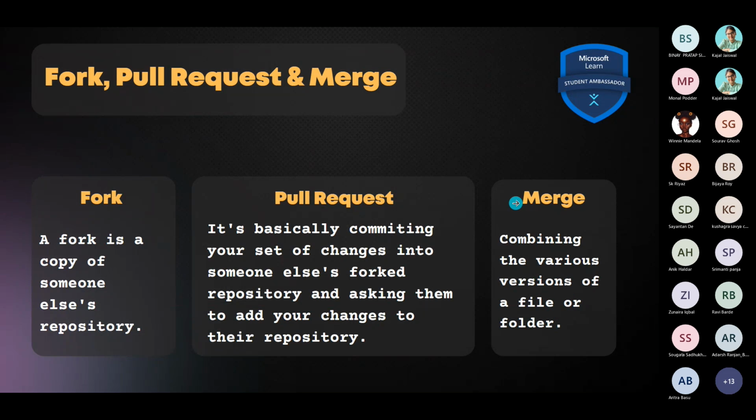This means whatever changes a new branch has to give to the main branch, you can add it from here. Then merge. Like I showed you right now, we have merged different changes to our original. That is merging.